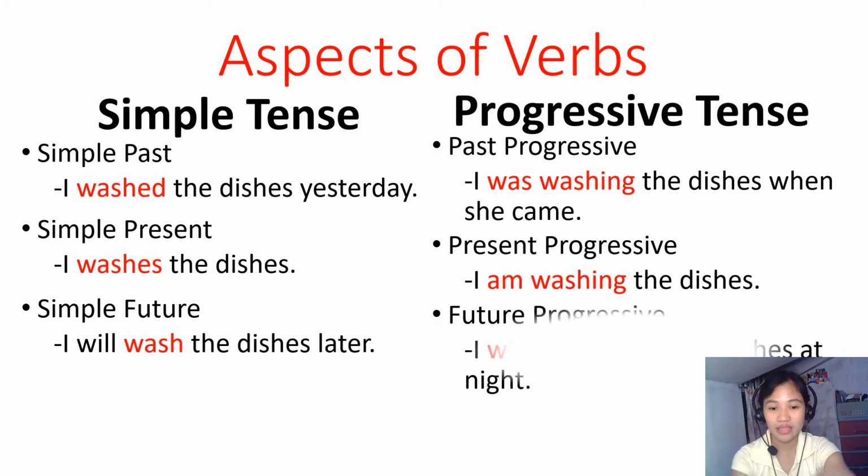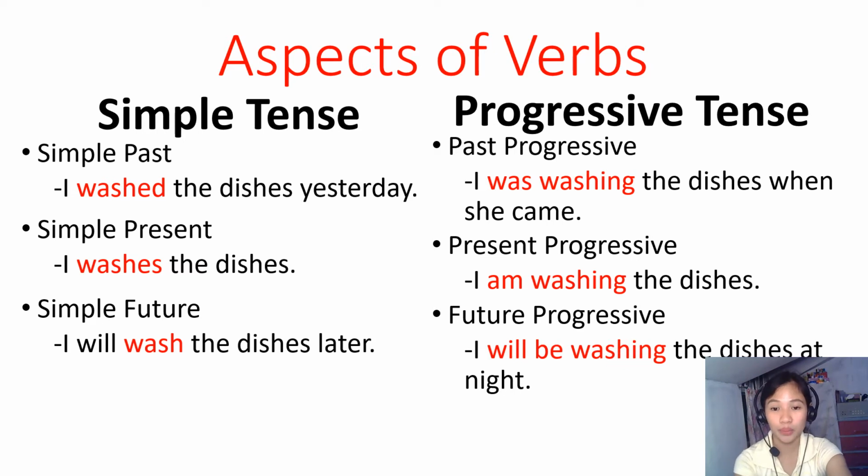Let's take a look at its progressive tense, the future progressive tense. I will be washing the dishes at night. Again, in our future progressive tense, this is to indicate a future event that will be ongoing. So we should add will be plus the verb and its ing.